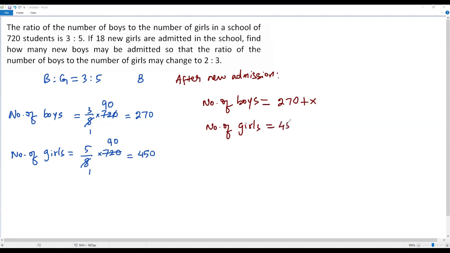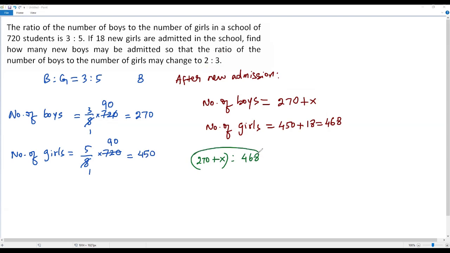Now the number of girls. Already we have 450 girls and the question says 18 new girls are admitted. When I add them, I get 468. This is the new strength of the girls. Now I take the ratio between the number of boys and the number of girls after the new admission, that is, 270 + x to 468. But the question says that after the new admission, the boys-girls ratio is 2 to 3.